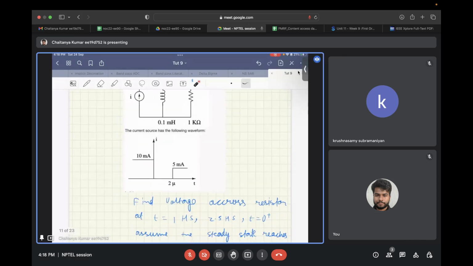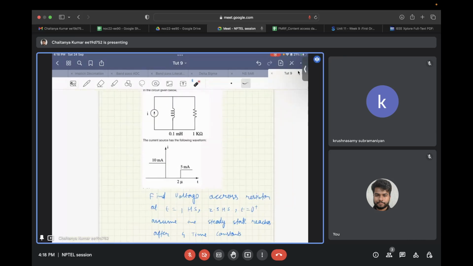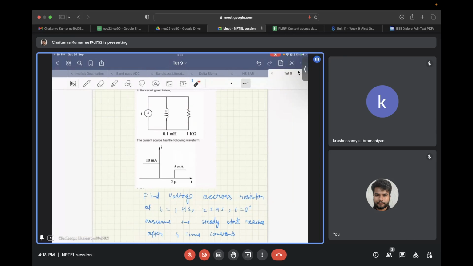What you need to find is the voltage across this resistor at time equal to 1 microsecond, 2.5 microseconds, and just at t equal to 0 plus, on this time axis, where this is the 0 second, you need to find the value of the voltage across this resistance.